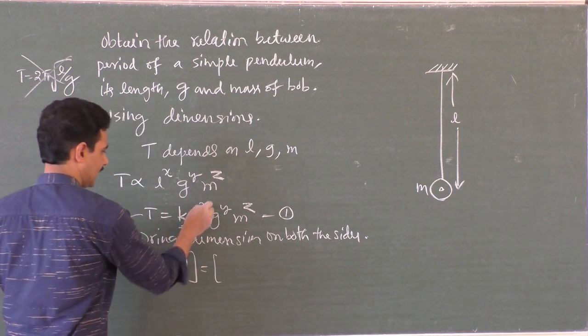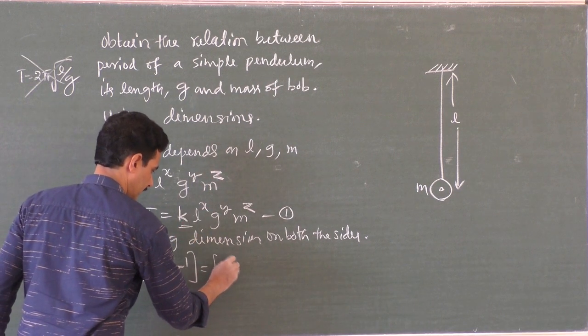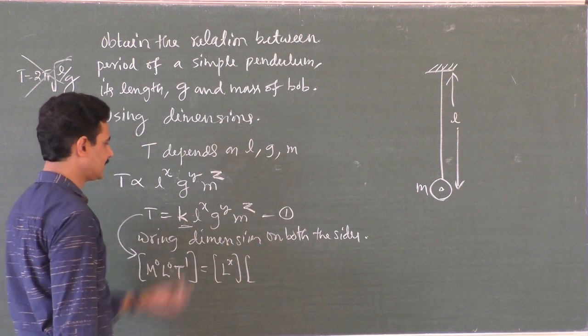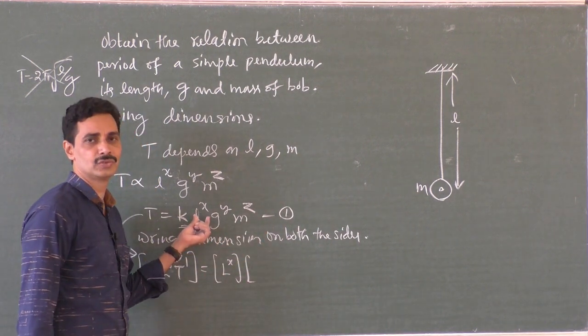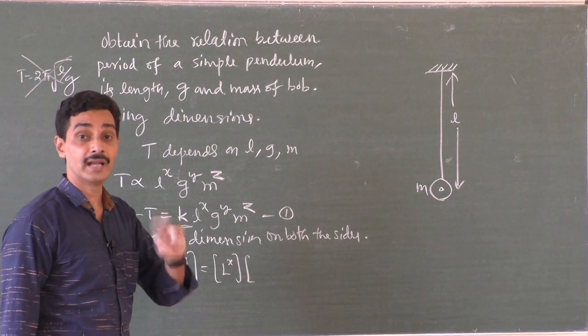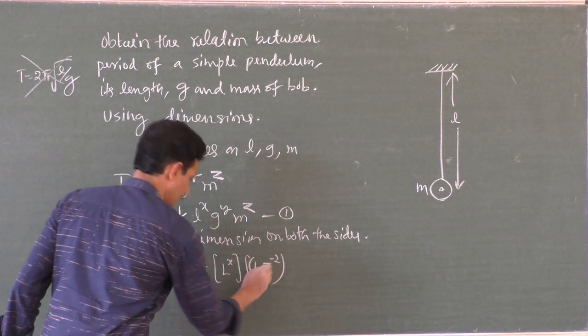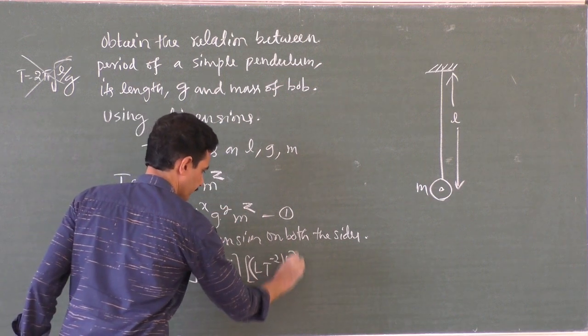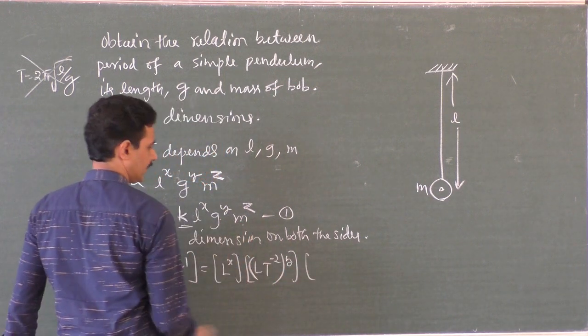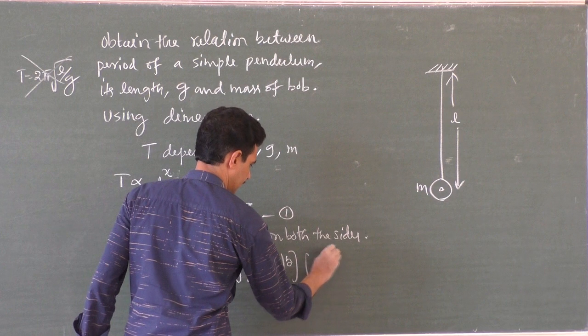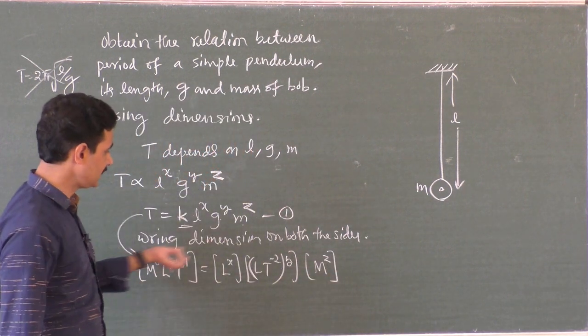Okay, then what is l? l is the length, so l to the power x. Okay, what is g? g is acceleration due to gravity. Acceleration l t to the power -2, l t to the power -2 to the power y. m andre mass of the bob, m to the power z. Now I am writing dimensions, right?